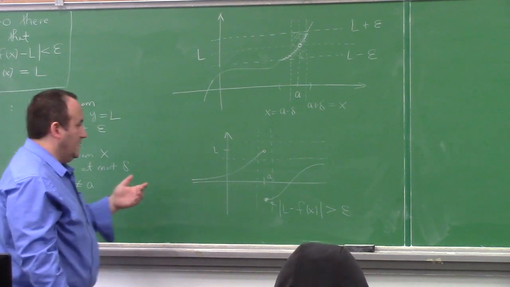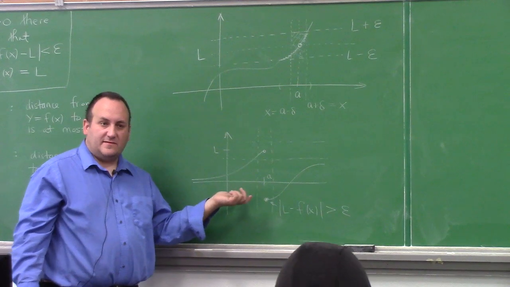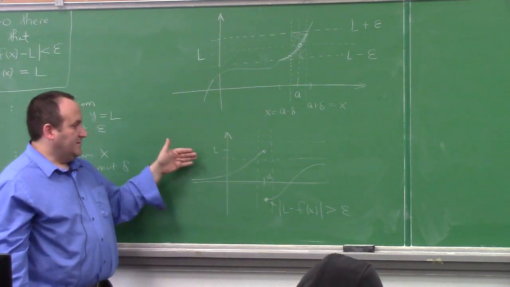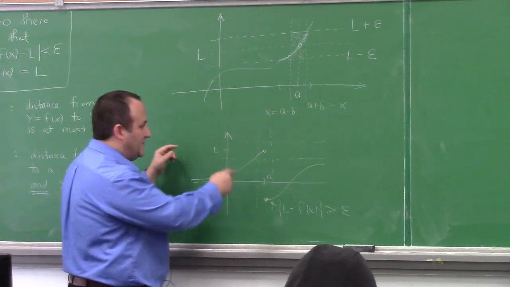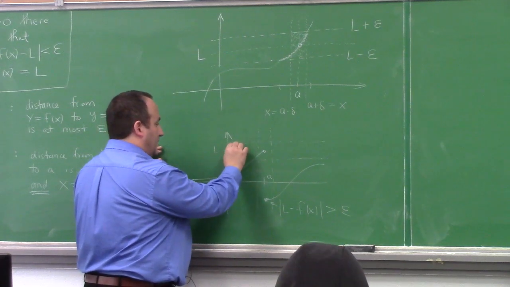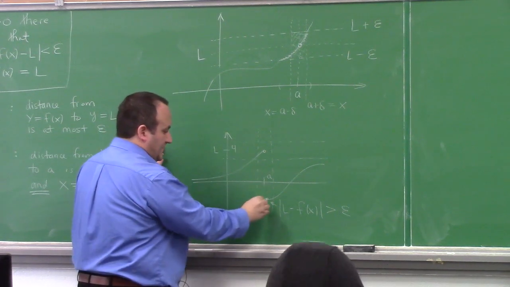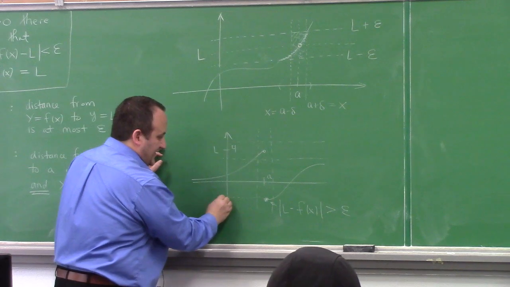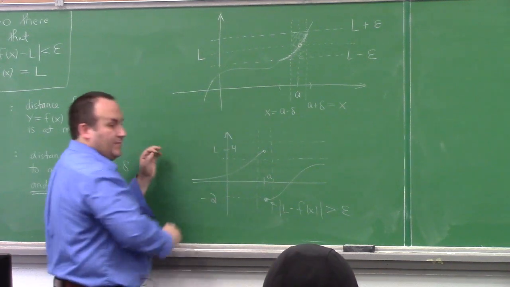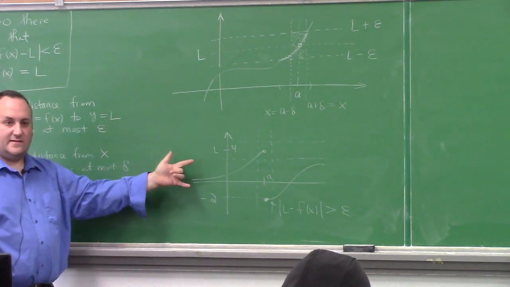Now, there are two other kinds of limits we can define. Let me give some numbers here. Let's suppose this is 4, and let's suppose this down here is, what do you think that is? Maybe -2. So what we'd like to say in this case is the following.